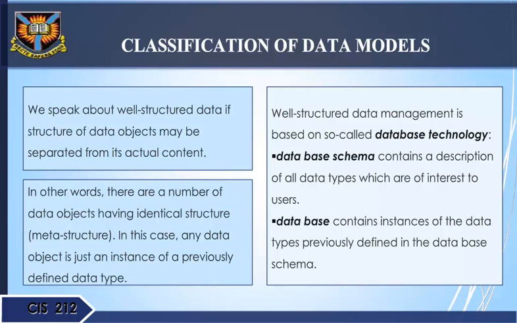In other words, there are a number of data objects having identical structure, a metastructure. In this case, any data object is just an instance of a previously defined data type. Well-structured data management is based on so-called database technology. Database schema contains a description of all data types which are of interest to users. Database contains instances of the data types previously defined in the database schema.